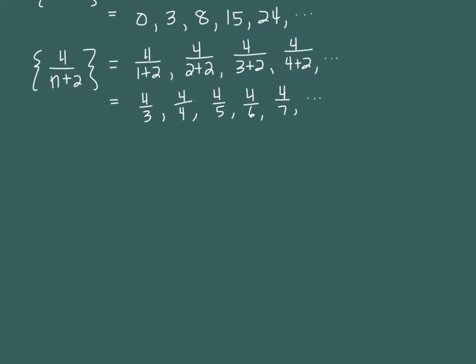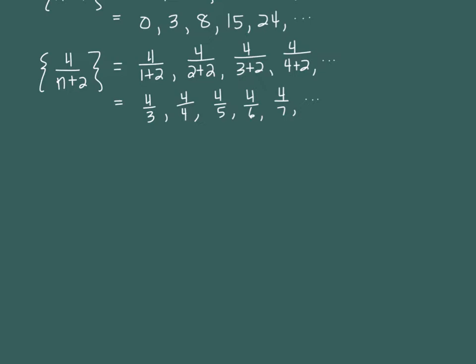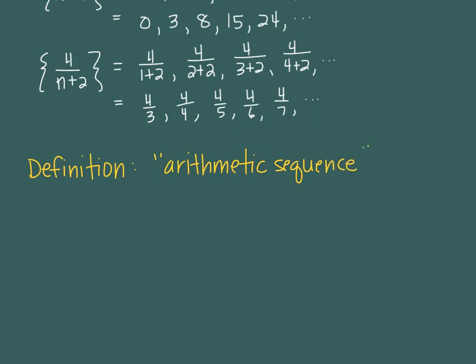Now, if the sequence follows a pattern of addition, then it has a special name, and we define that. That is a definition, and we're going to define that as an arithmetic sequence. Okay, an arithmetic sequence. And the definition of that is that the terms are built with a pattern of addition.